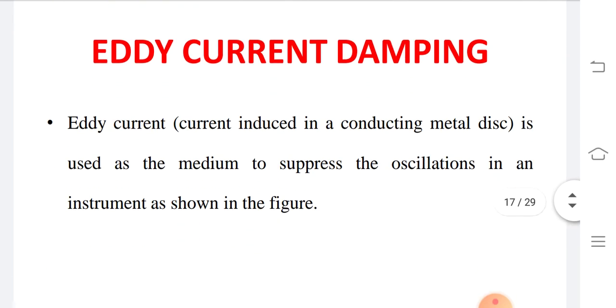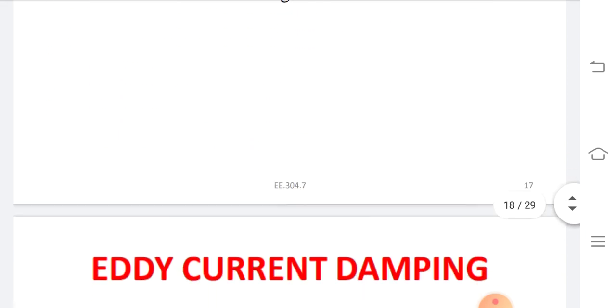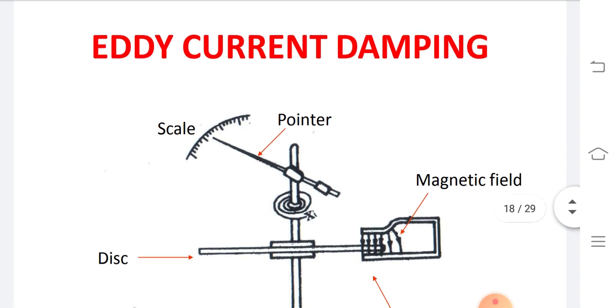And the last method for employment of damping force is eddy current damping. This method is based on the principle that when a conducting non-magnetic material is moved in a magnetic field, an EMF is induced in it which causes currents called eddy currents.